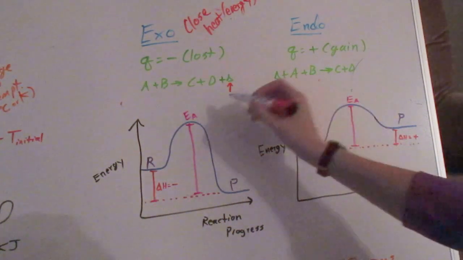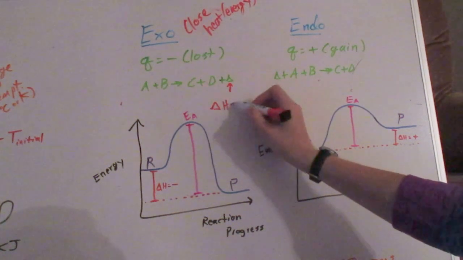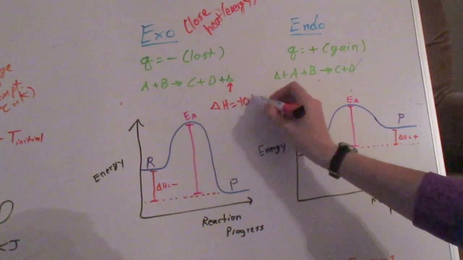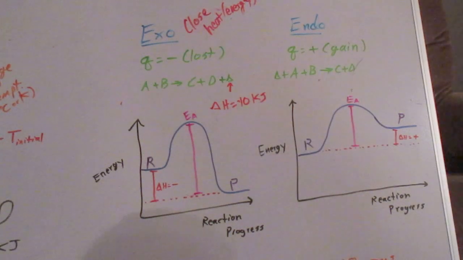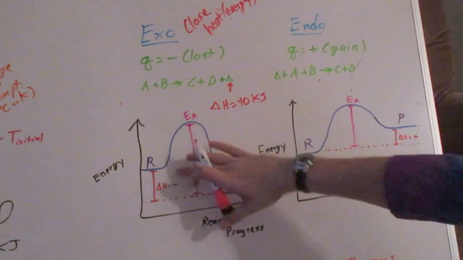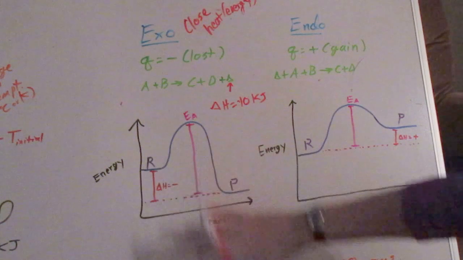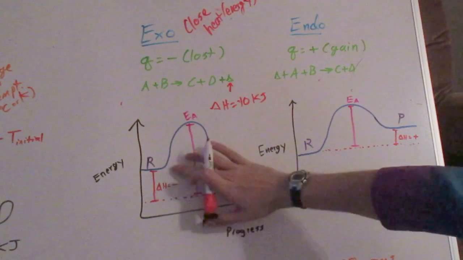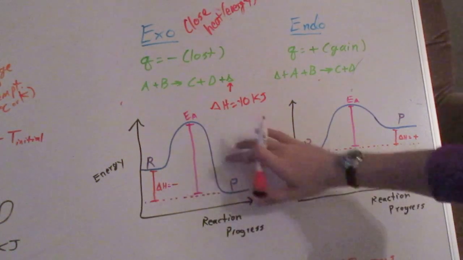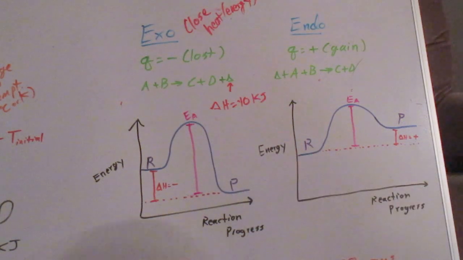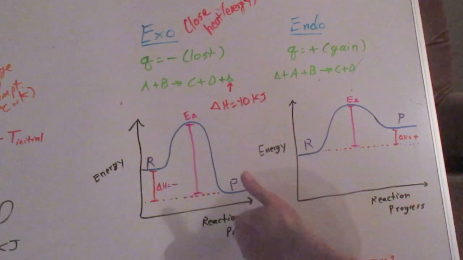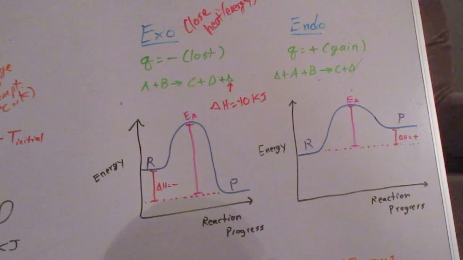What this might look like is something like delta H equals negative 10 kilojoules. From the graph, your reactants are going to be at some energy, your products are going to be underneath, and we would say that that's a loss. Your curve for an exothermic reaction is going to look very decreased. It's going to drop underneath the reactants.